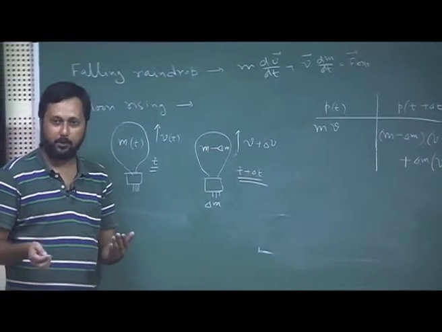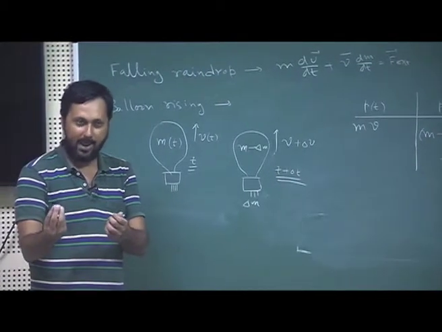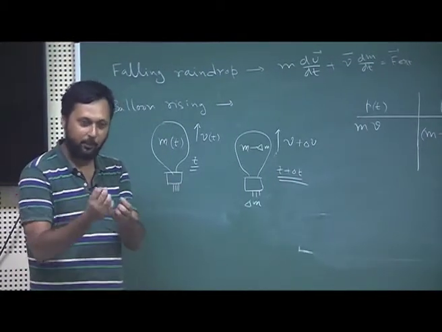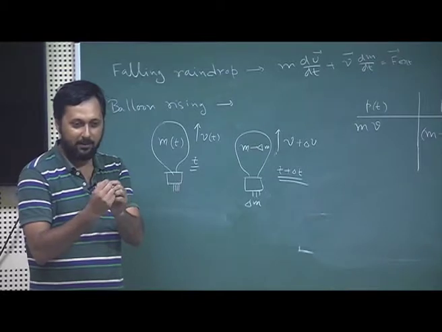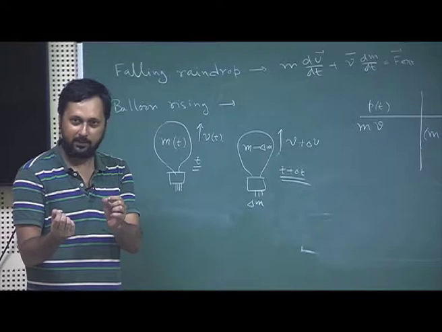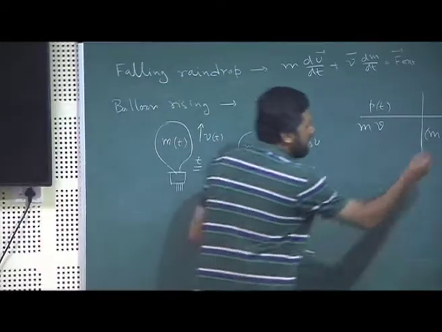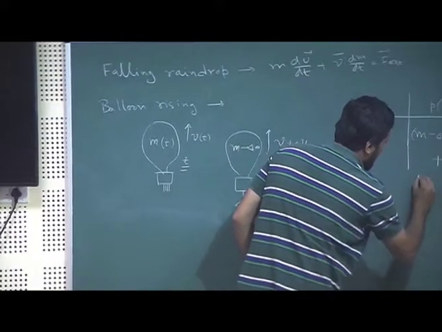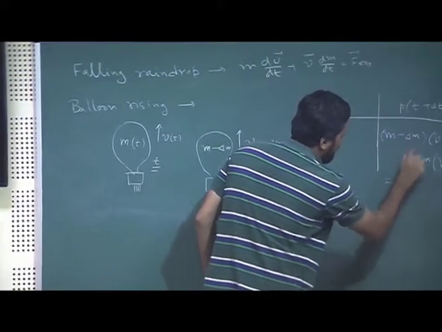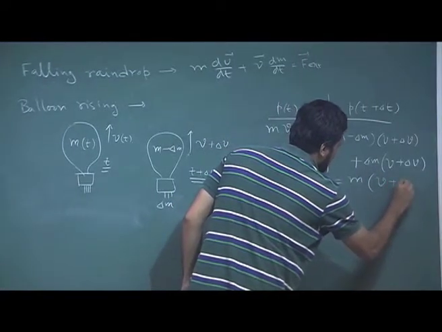I hope you are getting the point. So, the sand got released from the balloon in a slow manner. The moment the sand particle releases from the balloon body, it has the exact same velocity. So, if we look into this equation, these two terms cancel out, which leaves us with v plus delta v.